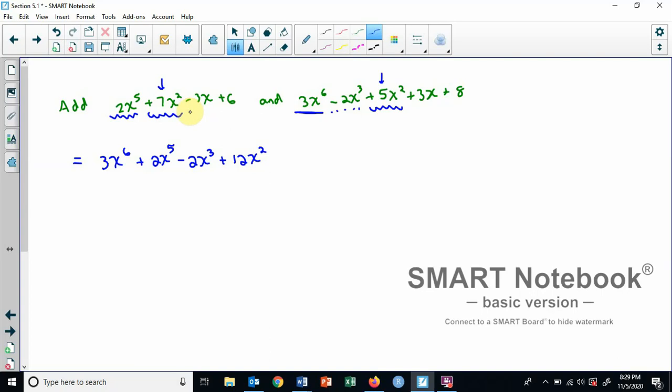I've got a minus 3x and a plus 3x. So if I add minus 3 and plus 3, that would be 0. Don't write this down, but I could put 0x. Well, what's 0 times x? Just 0. And so that term is just gone. And finally, I'm running out of symbols here.